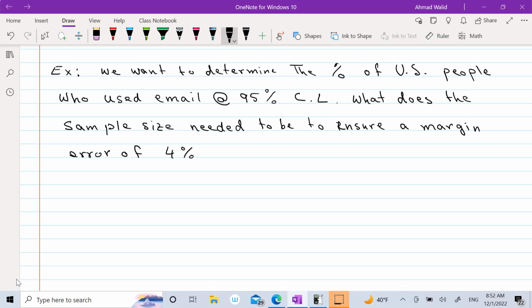I put one direction for example number one because I will use the same example for example number two, but here the last part of the example for example number one is like this: 16.9% of people used email in 1997.